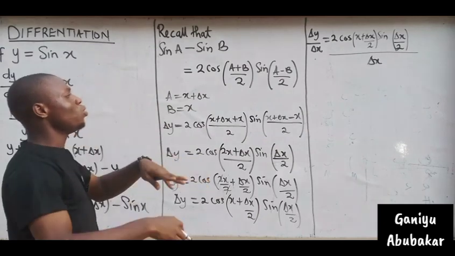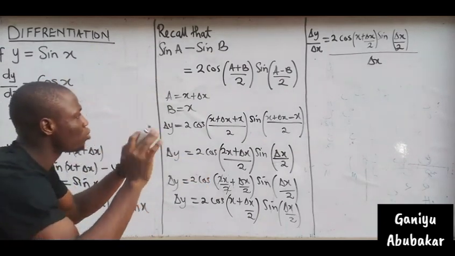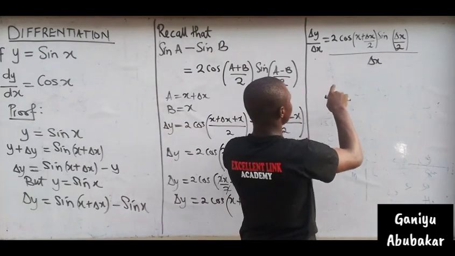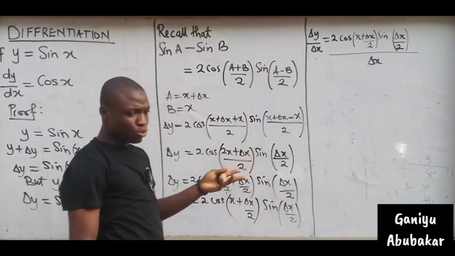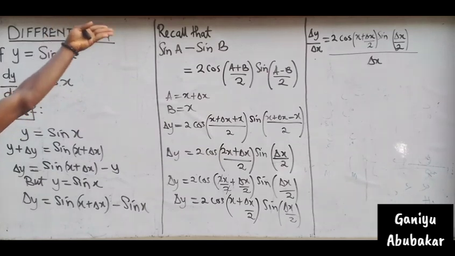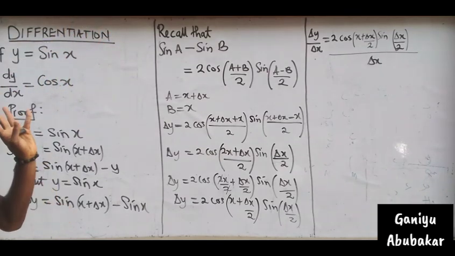So for me to cancel out this 2 here, I don't need 2 here. So for me to take off 2, what do I do? I would divide numerator and denominator by 2. That's the concept.